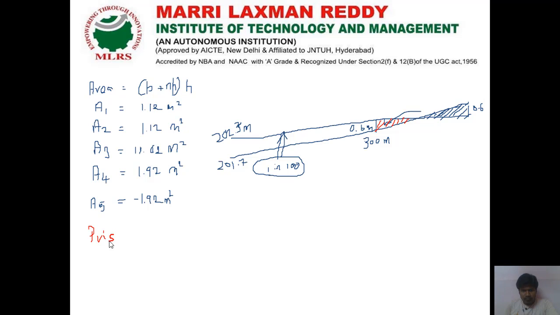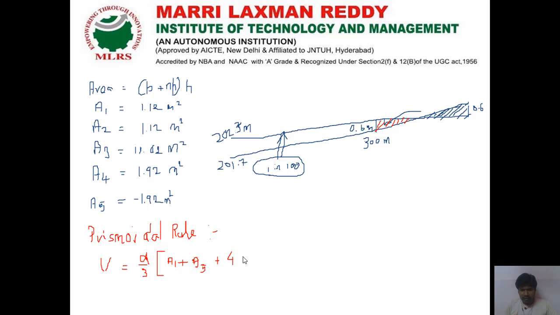Volume by prismatic formula is equal to D by 3 into A1 plus AN, that is A1 plus last ordinate A5, plus 4 into even ordinates.